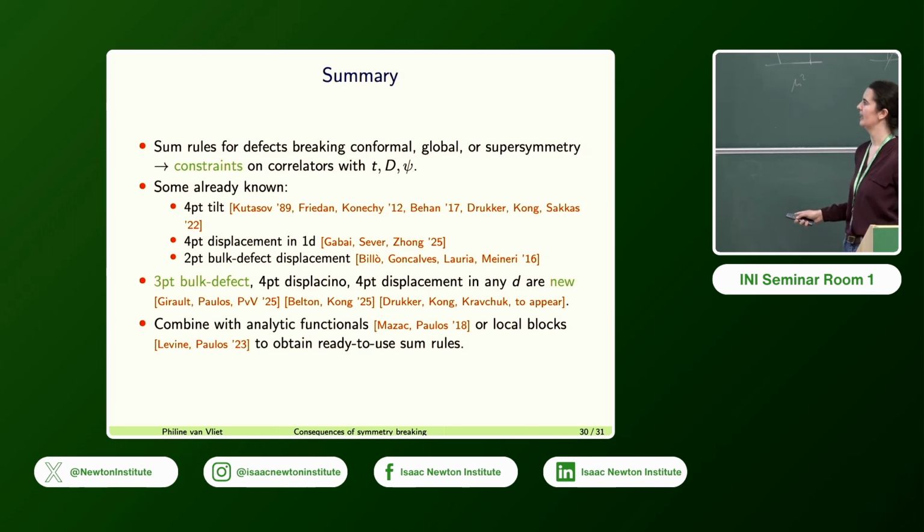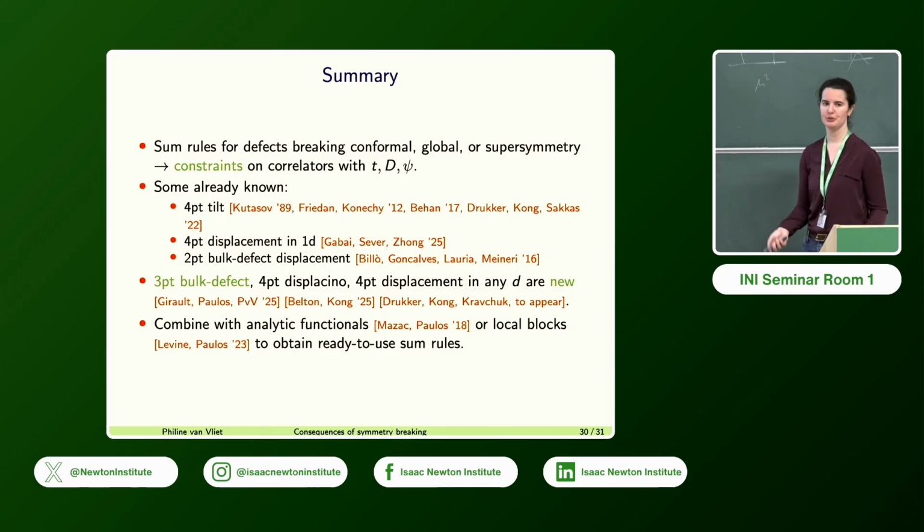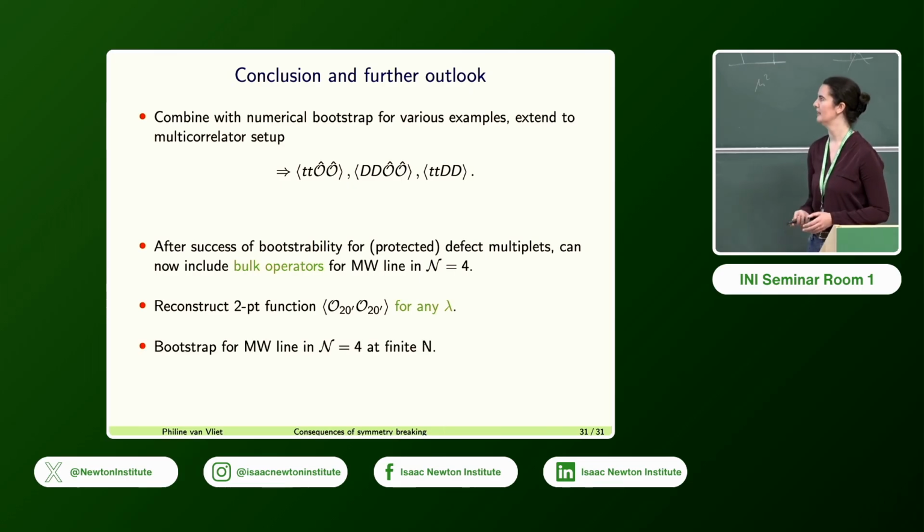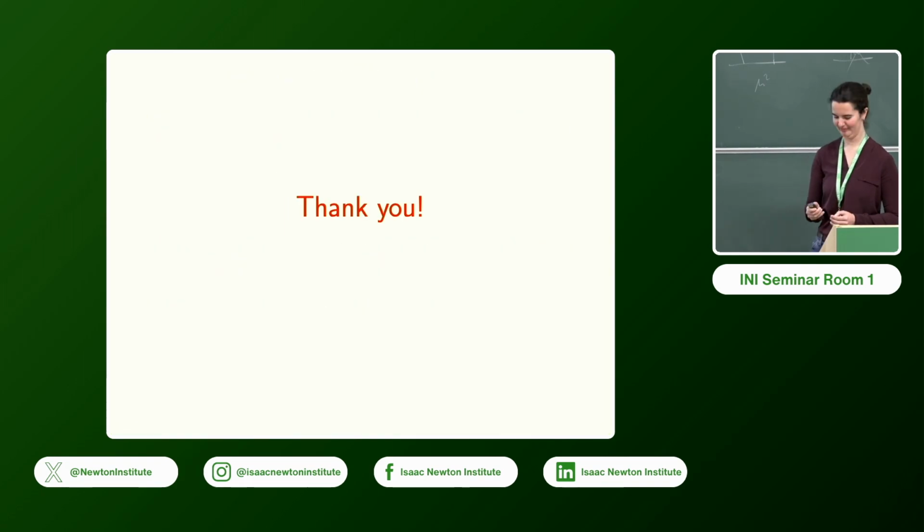The combination with analytic functionals made it such that we have some nice bounds, and we have some ready-to-use sum rules for perturbation theory. Some ideas for the future are mainly based on doing more bootstrap, different correlation functions, different setups, different defects. And we also want to finish this numerics for the n=4 case. So yeah. Thank you.